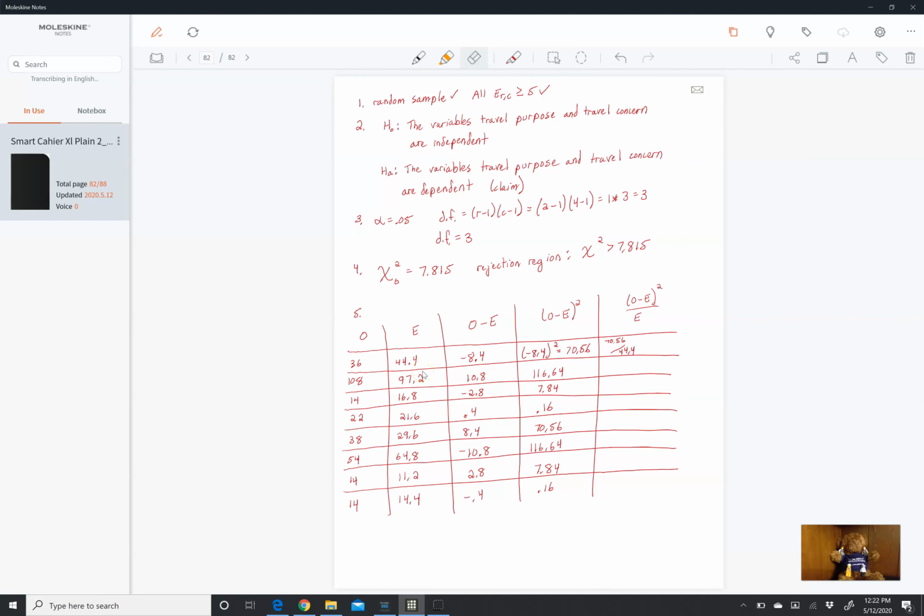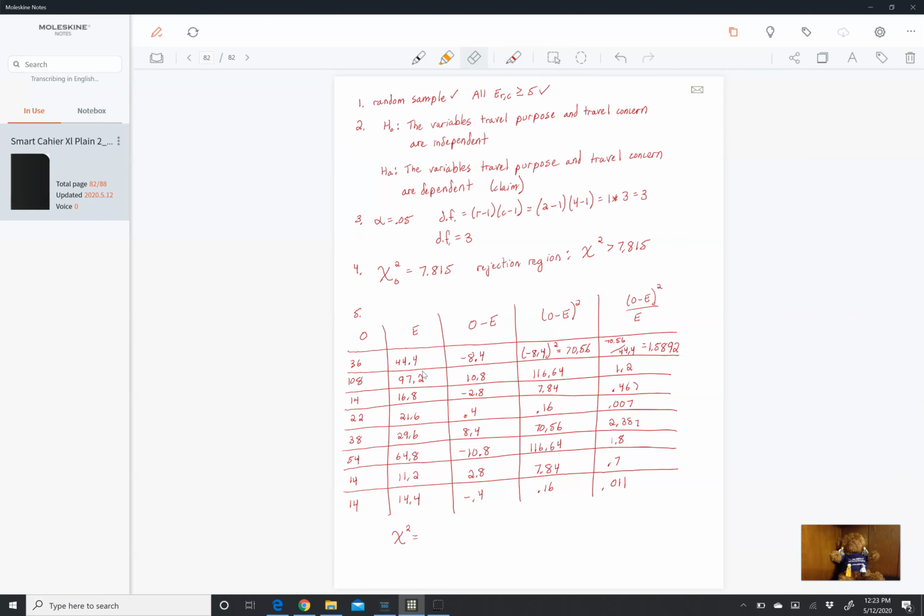We get 1.5892. We get 1.2. This is exact. 0.467. 0.007. 2.384. 1.8. 0.7. And 0.011. Okay, so what does this mean?